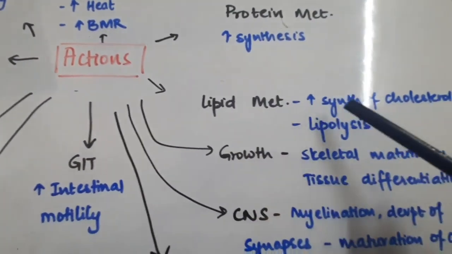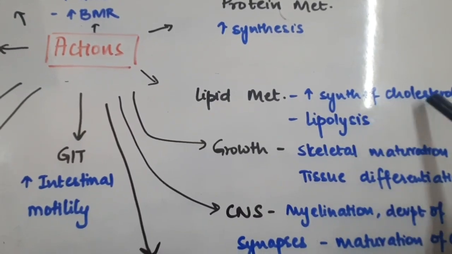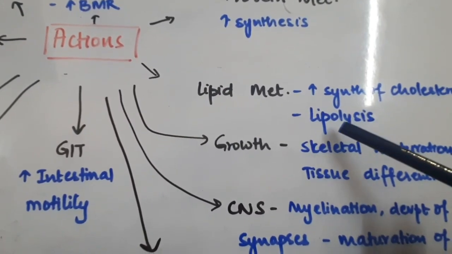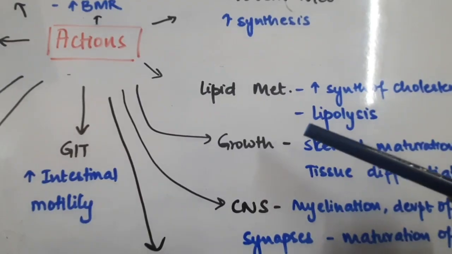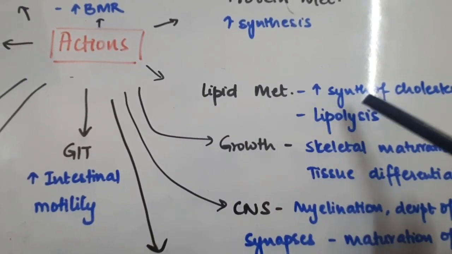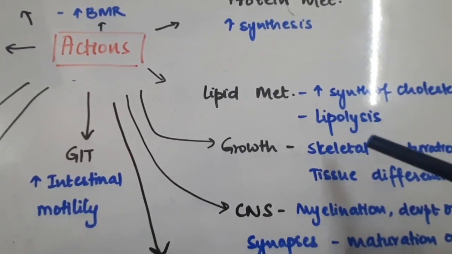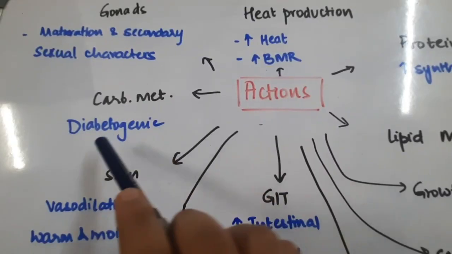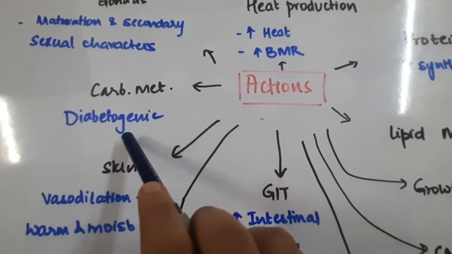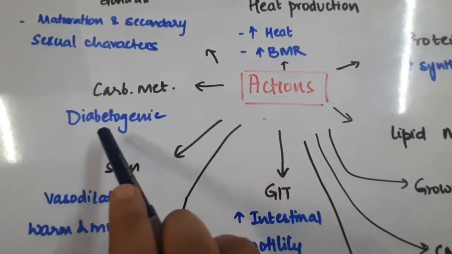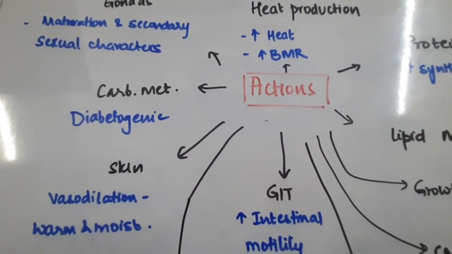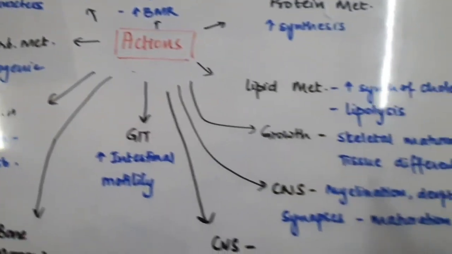In lipid metabolism, there is an increased synthesis of cholesterol and there is lipolysis. Overall, lipids will be broken down. In carbohydrate metabolism, thyroid hormones are diabetogenic. They will increase blood glucose levels and make the person prone to diabetes mellitus.